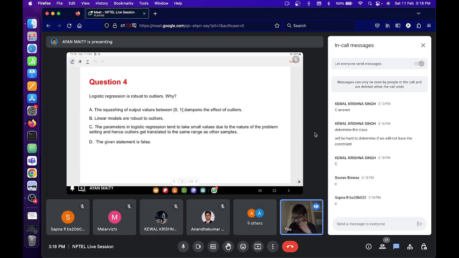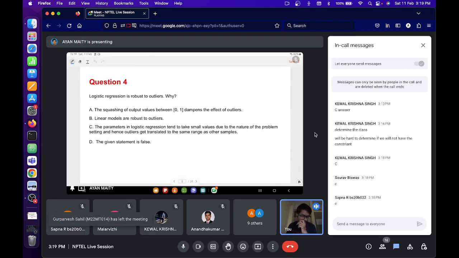Many of you have written C here. The parameters in logistic regression tend to take small values due to the nature of the problem setting, and hence outliers get translated to the same range as other samples. But is this true?